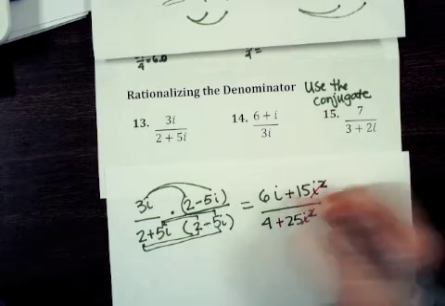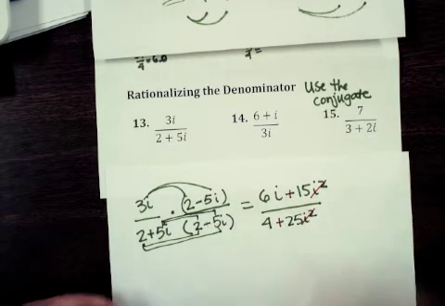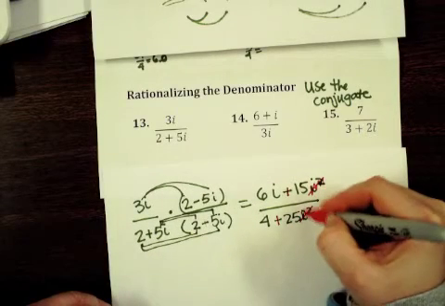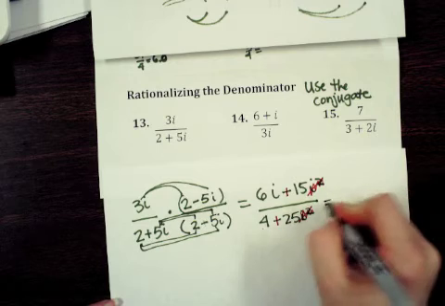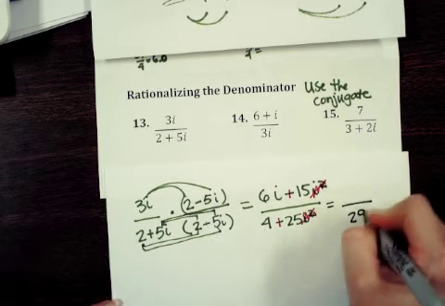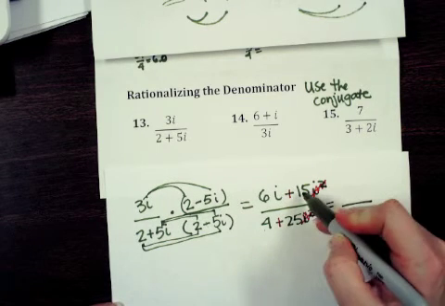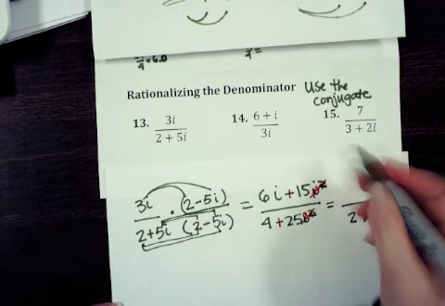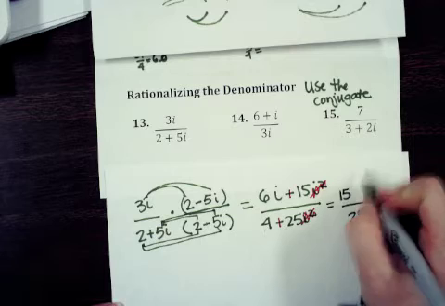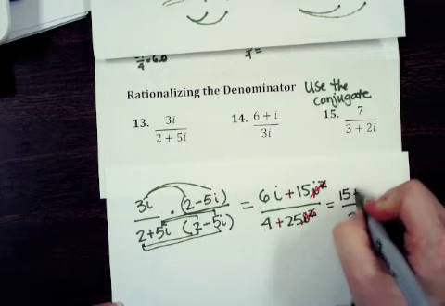And that's just going to make that a plus. So again, the i squared is gone now that I changed the sign. And 25 plus 4 is 29. So I got a 29 on the bottom. The top becomes 15 plus 6i, because I want to write it in real part, imaginary part.